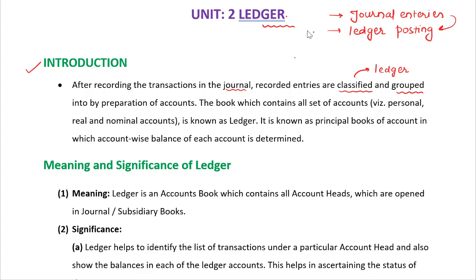The books which contain all set of accounts, that is personal account, real account and nominal account, are known as principal books of accounts, in which the account-wise balance of each account is determined.